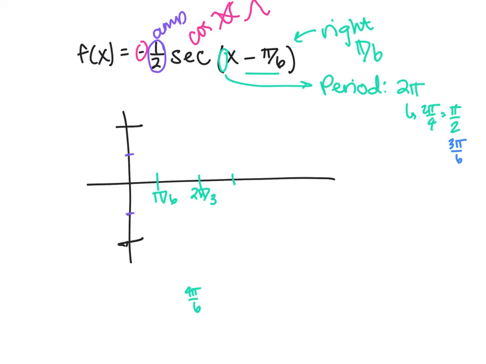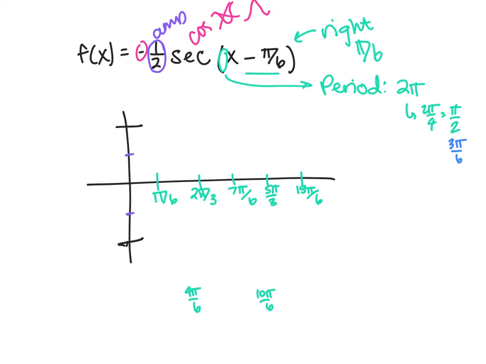We add again, that gets us 7 pi over 6. We add 3 pi over 6 again. That'll give us 10 pi over 6, which reduces to 5 pi over 3. And one more to get our full period in there would be 13 pi over 6. So there's our labels. We have everything accounted for.